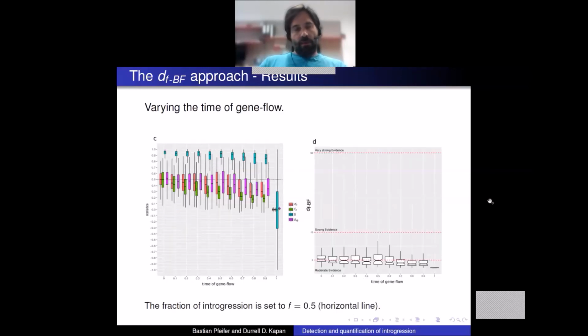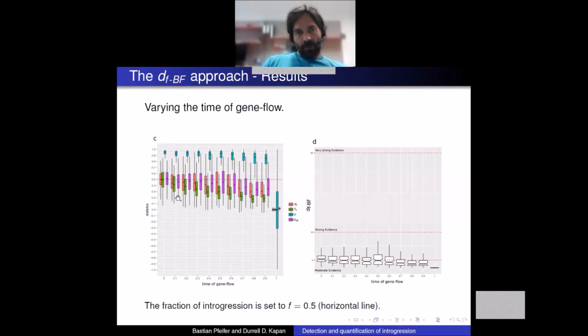So the same simulation, but now varying the time of gene flow, which I said was really a good thing about the DF statistics. We varied the time of gene flow on the x-axis and set the fraction of introgression to 0.5. You see the horizontal line here.